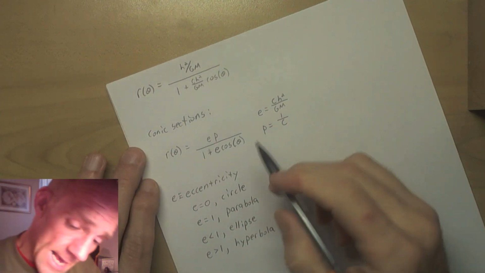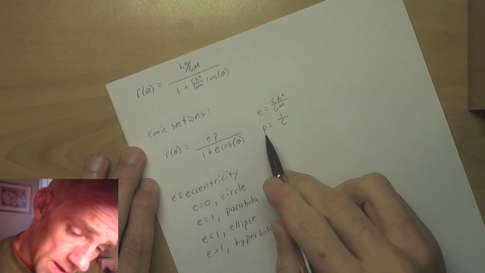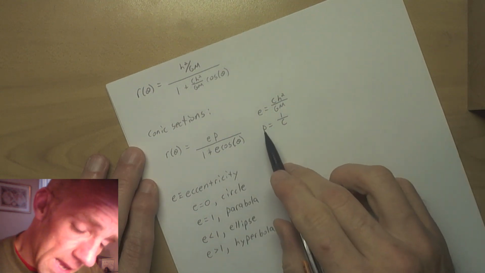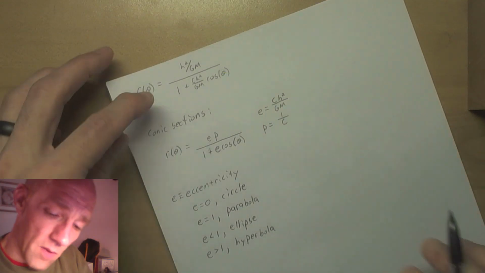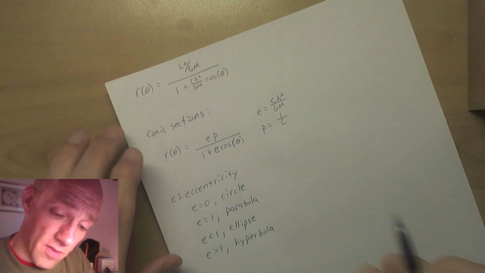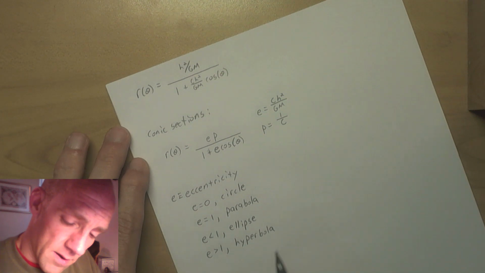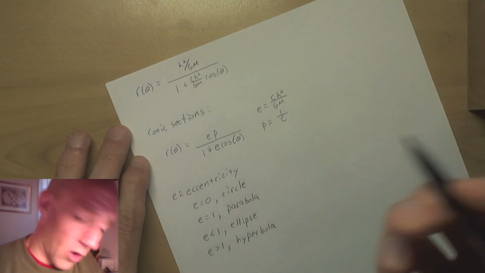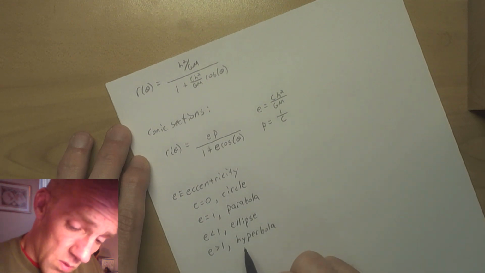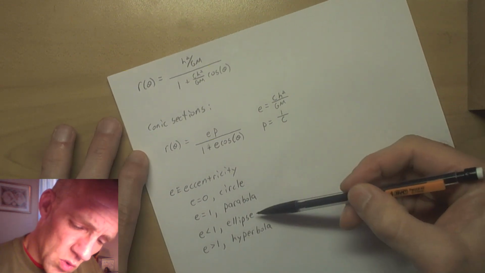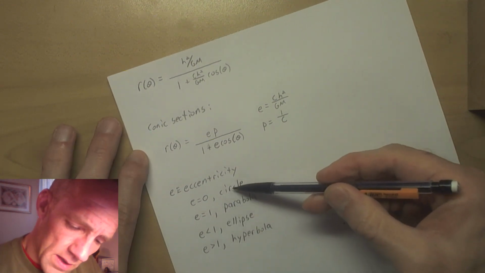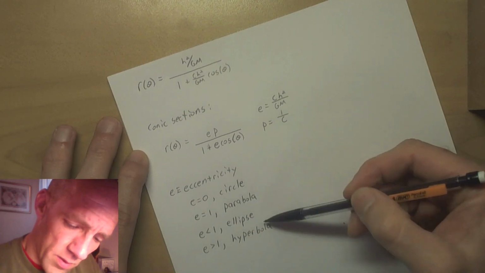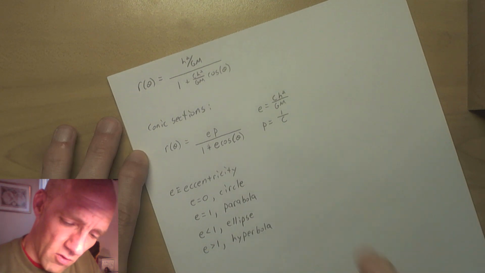Okay. And then P defines some non-physical distance, but it's just a parameter of the curve. So look, we have two closed orbits and two open orbits, depending on this eccentricity value.